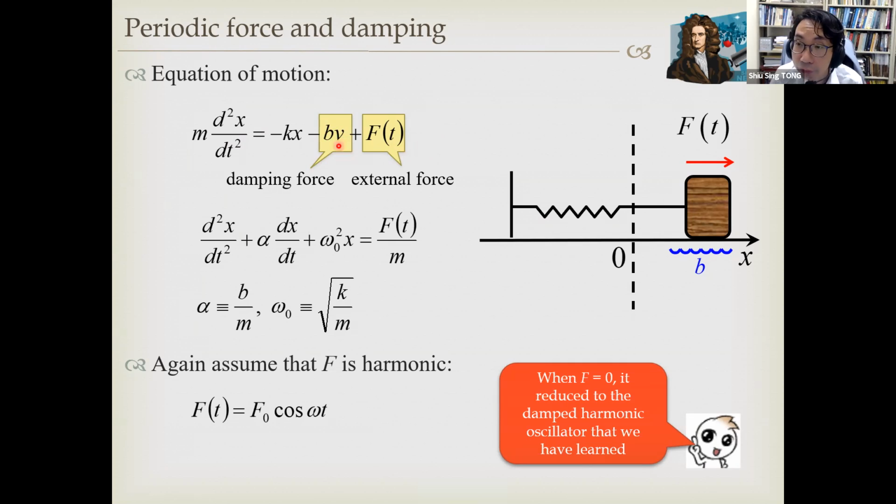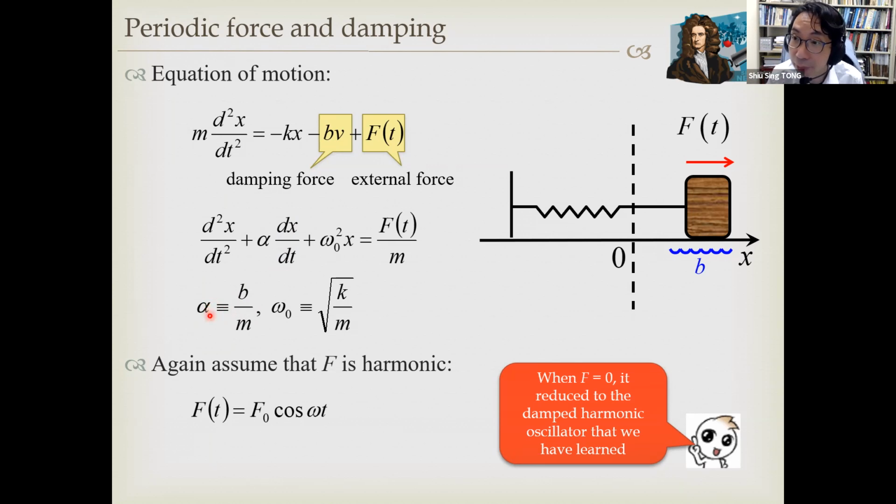Now, we divide the equation by m as before. So the second derivative of x, and then, the same as the previous notation for the damped oscillator, we define b over m as the constant alpha. This definition we have already seen before in the section on damped harmonic oscillation, right?